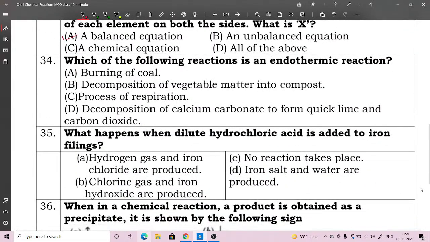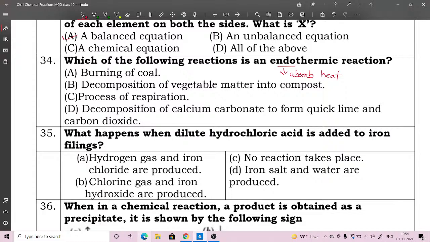Question number 34. Which of the following reactions is endothermic? Endothermic means absorbs heat. A, burning of coal. B, decomposition of vegetable matter into compost. C, process of respiration. Or D, decomposition of calcium carbonate to form quick lime and carbon dioxide. Okay, which of the following is an endothermic reaction?